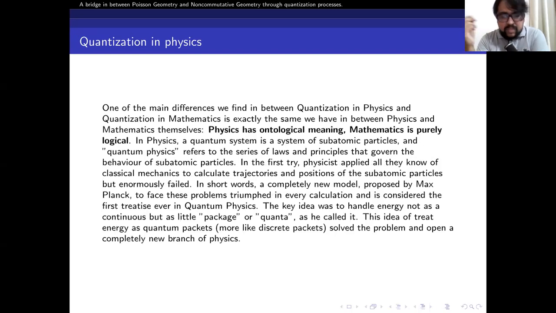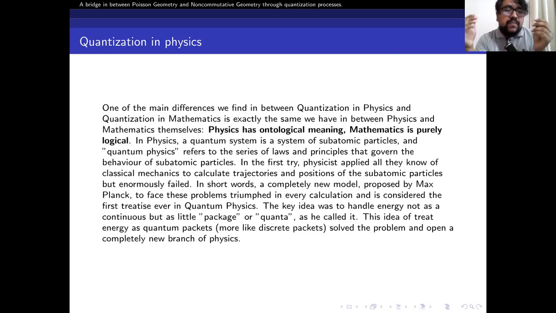Now, let me spend one or two minutes to tell you a story about physics so we can relate in a deeper way with the mathematics I'll be displaying. One of the main differences we find between quantization in physics and quantization in mathematics is exactly the same we can find between physics and mathematics themselves.